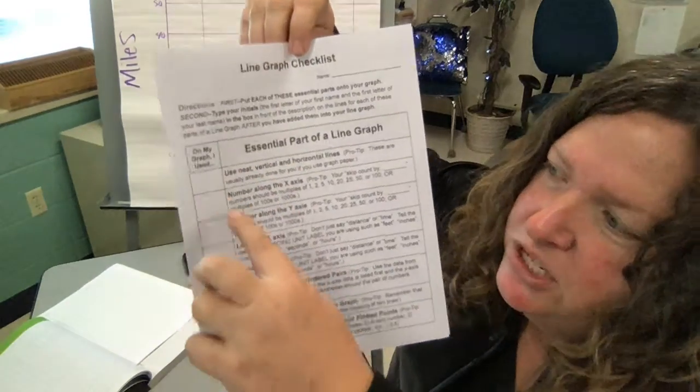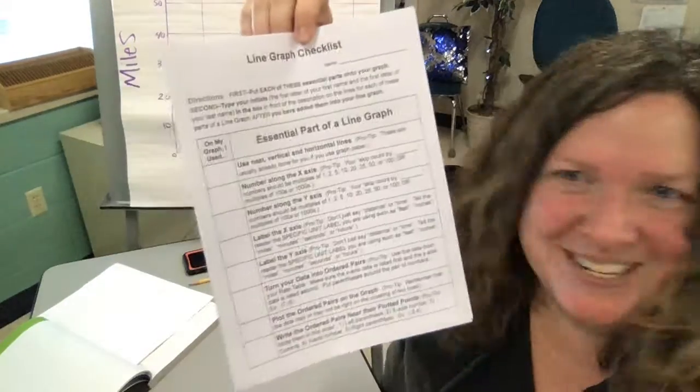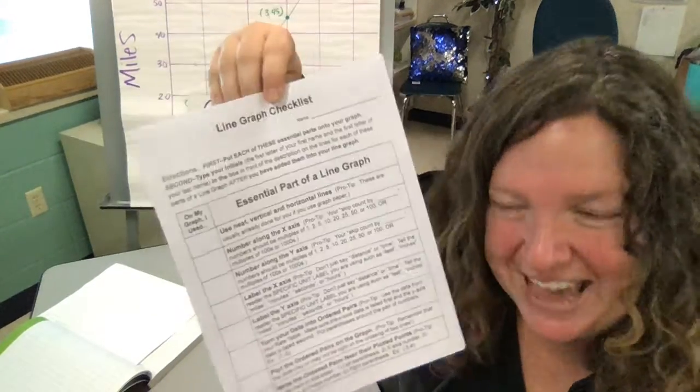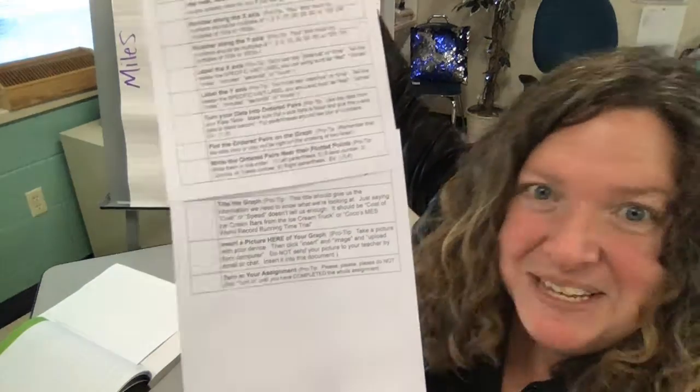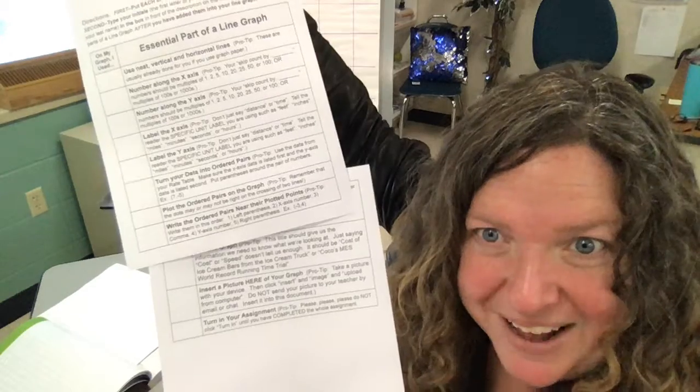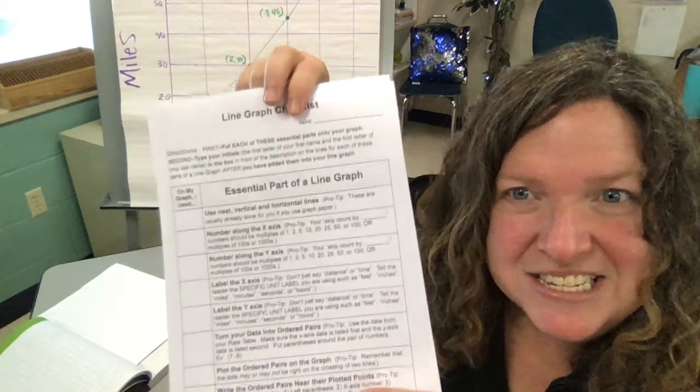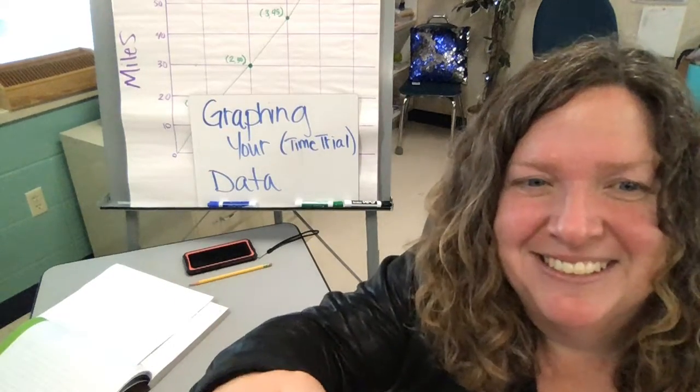You're going to put your initials in those boxes after you do it. Don't do it before you do it. After you put all of these things, it's 2 pages, after you put all of these things on your graph, then you're going to go back and put your initials on. This is your checklist to help you make sure you've got everything you need on your graph.